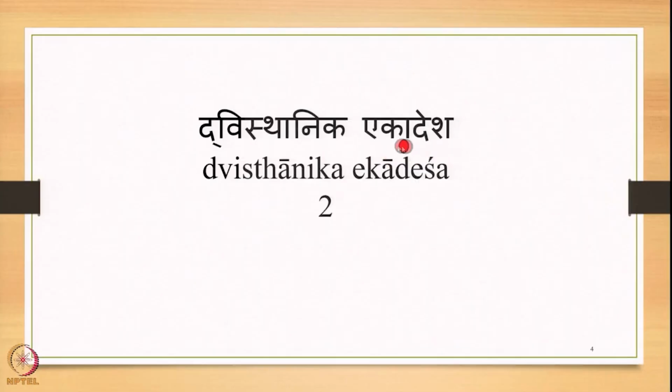After having studied the Ekasthanika Ekadesha type of sandhi, we proceeded to study Dvisthanika Ekadesha, in which we have Dvisthani and Eka Adesha. There are two substituents and one substitute.